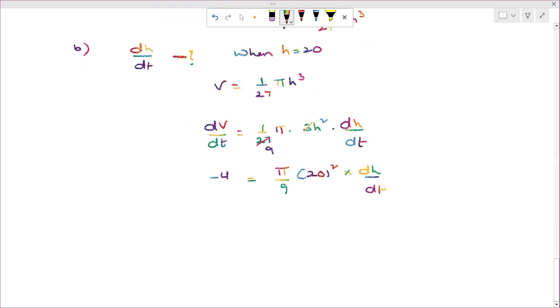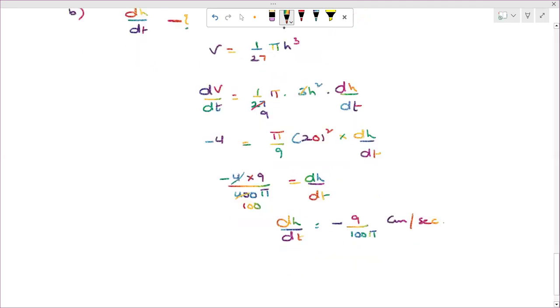Now see here, minus 4 into 9 by 20 square is 400 pi, which is dh/dt. So 4 times 1, 4 times 100. So dh/dt is nothing but minus 9 by 100 pi centimeters per second.